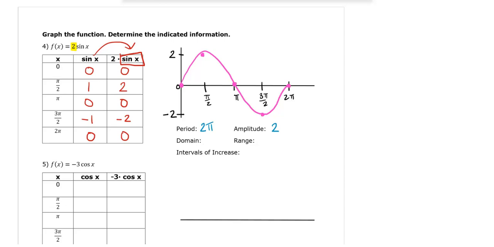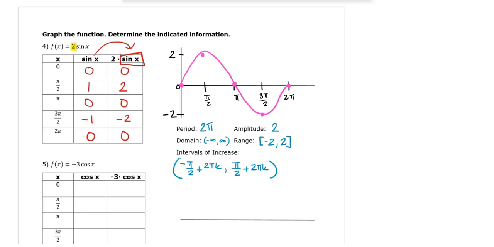Domain would be negative infinity to infinity. Range, I'm going to go from negative 2 to 2. Intervals of increase is going to be negative pi over 2 plus 2 pi k to pi over 2 plus 2 pi k.